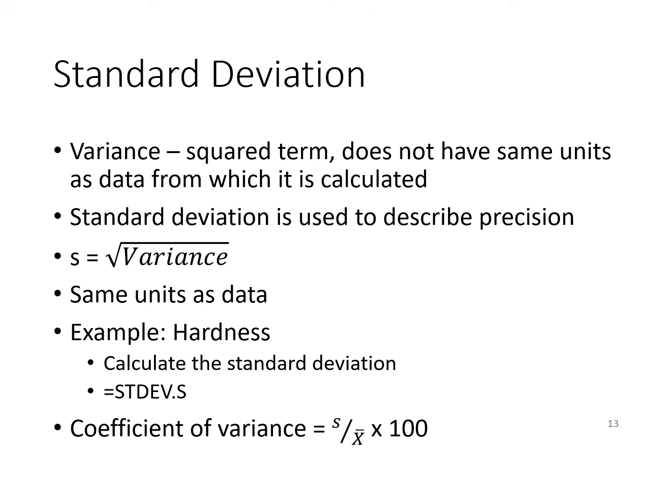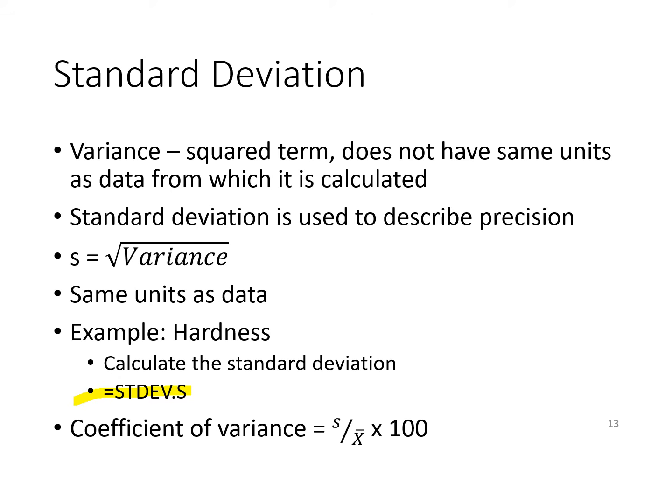That results in a parameter that has the same units as the data that was collected. So for instance, with that hardness data, we can calculate the standard deviation, the square root of the variance. In Excel, you can use the function stdev.s, again, you do use the .s for the sample.